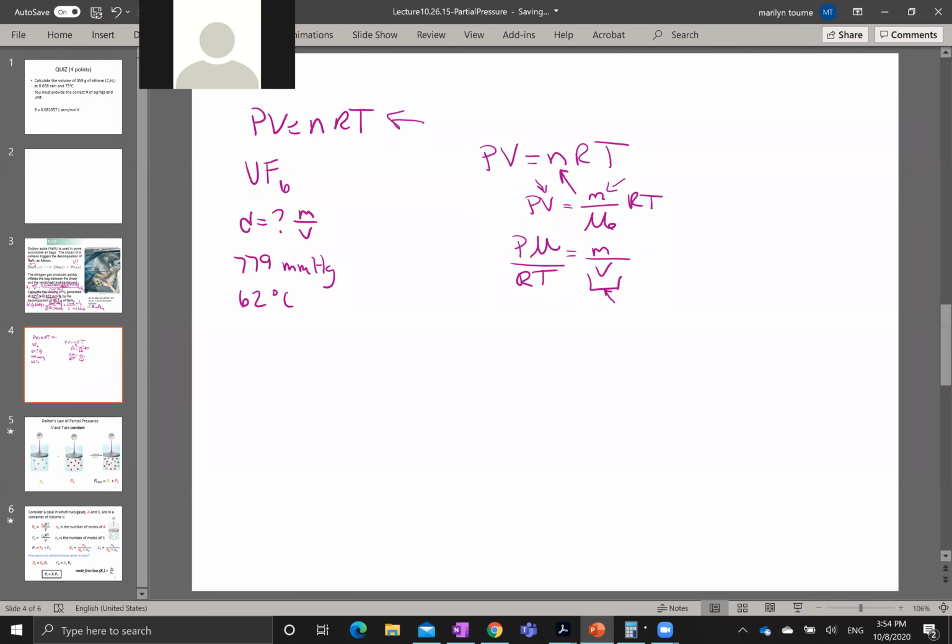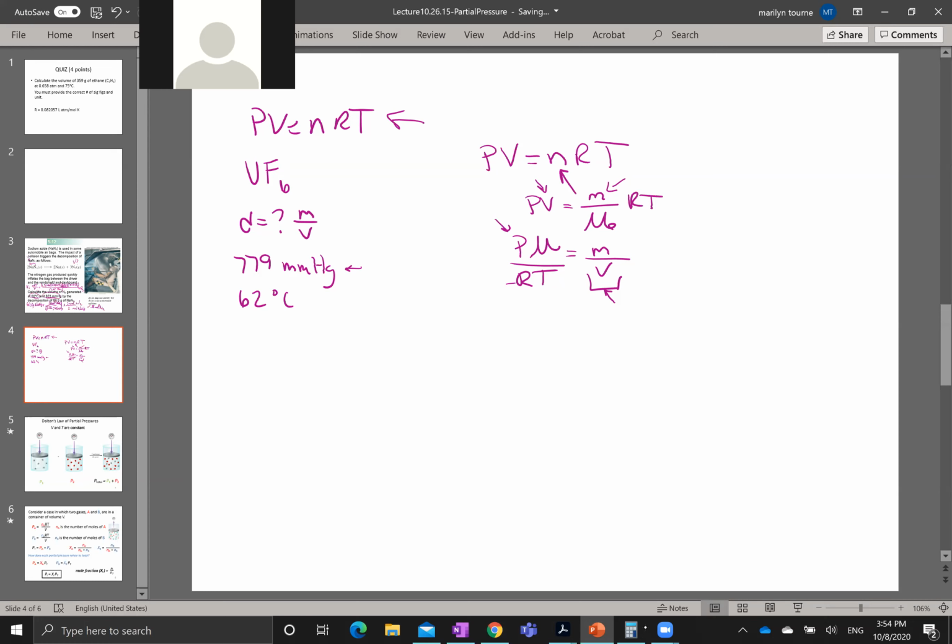So what does this stand for? What does that P stand for? The pressure. Correct. Did they give you pressure? Is that the 779? Yes, it is. That is the pressure. What is R? R is a constant.